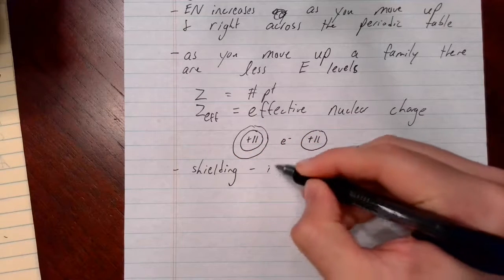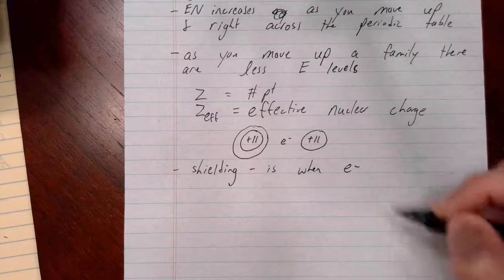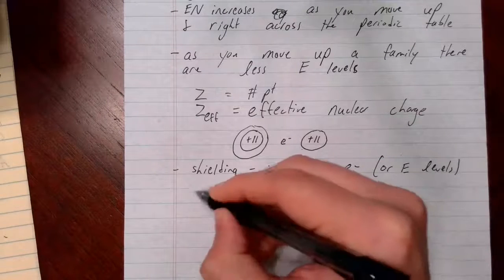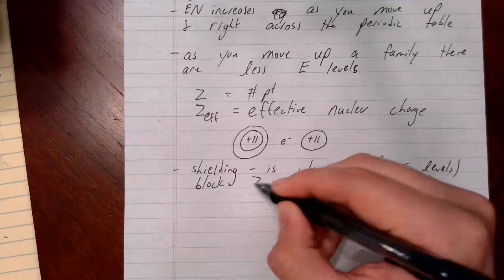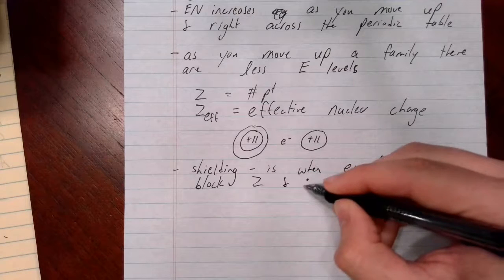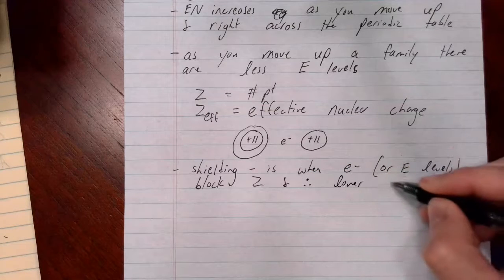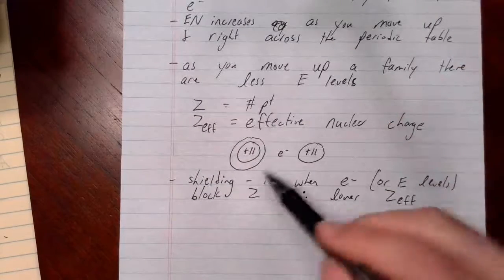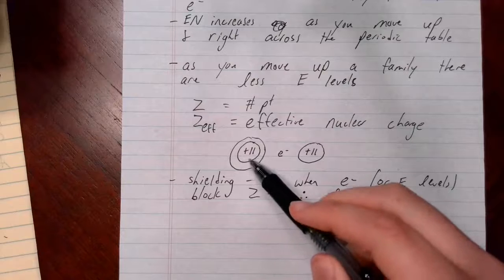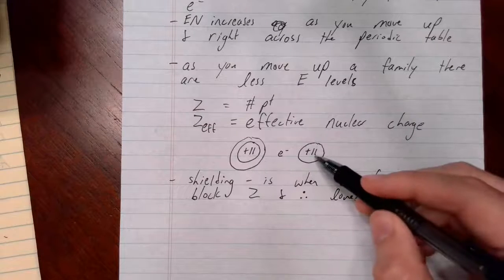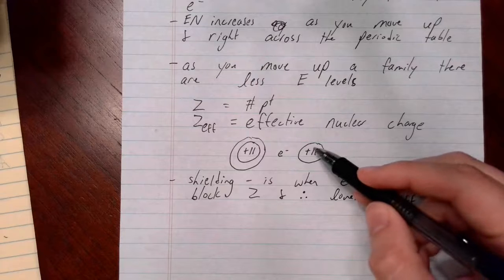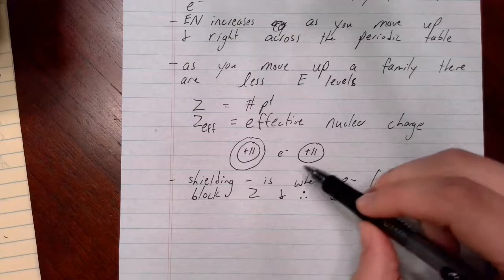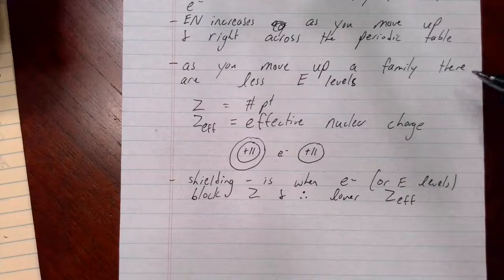Shielding is when electrons, or our energy levels, block the nuclear charge and therefore lower effective nuclear charge. There are more energy levels shielding this nucleus than this nucleus, so this nucleus is more de-shielded, it has less shielding. The less shielding you have, the greater effective nuclear charge you have.